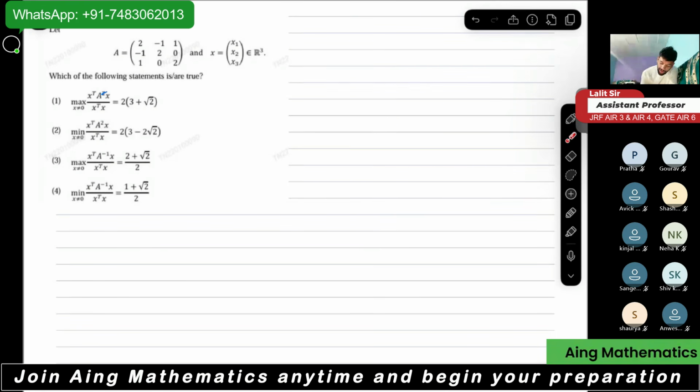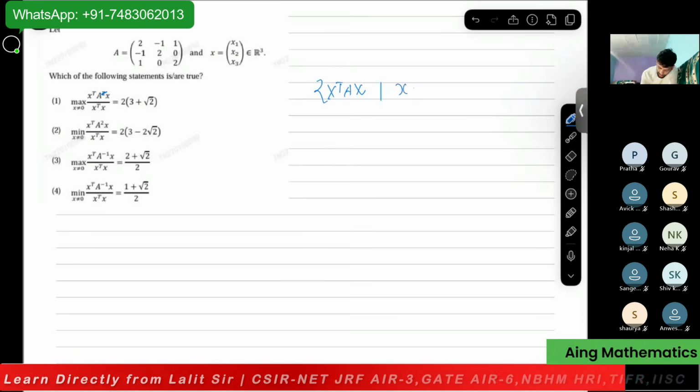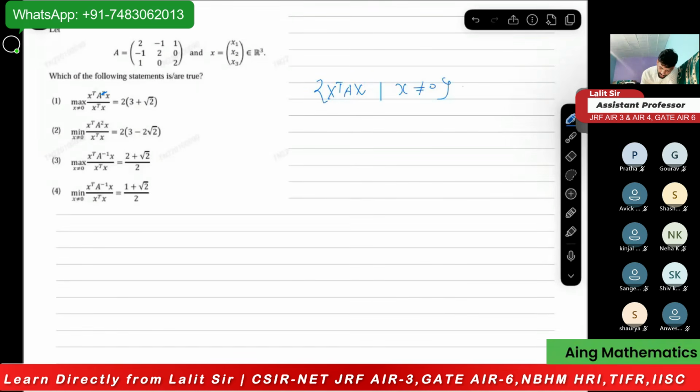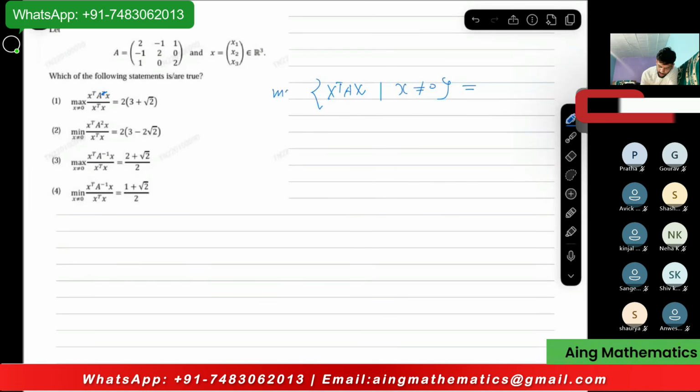And where I had told you that for a symmetric matrix, X transpose M X over X transpose X, where X is a non-zero vector, is equal to what? The max of this is equal to the maximum eigenvalue lambda.